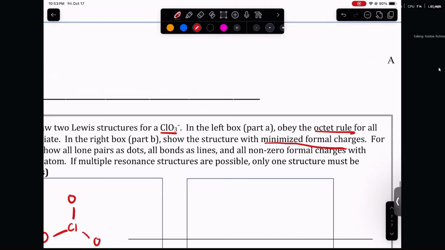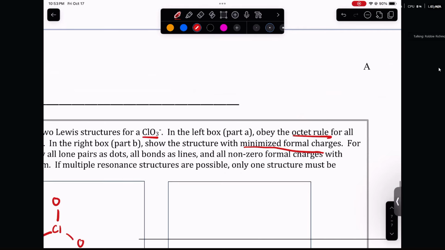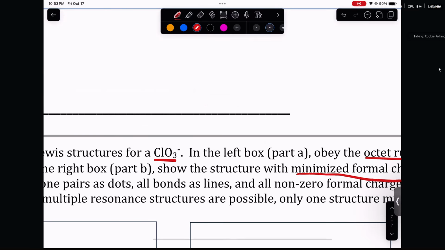So, chlorate. We have chlorine, which has 7 valence electrons, plus 3 times 6 for the 3 oxygens, which each have 6 valence electrons, plus 1. Remember, if we have an anion, that means we have an extra electron to work with.